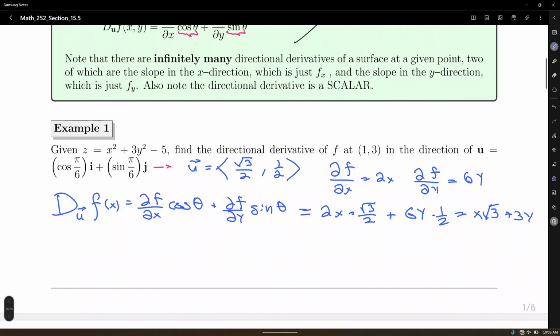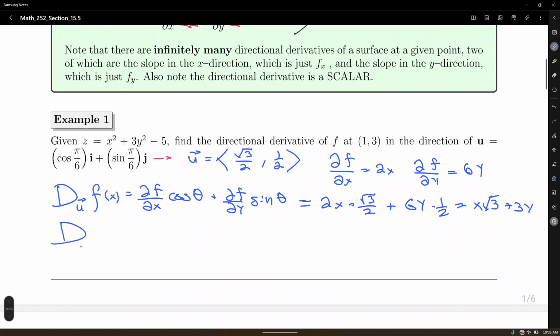All right? So, the directional derivative of f in the direction of the vector u at the point (1, 3) equals, careful, x, which is 1 times root of 3, plus 3 times y, which is 3 times 3.